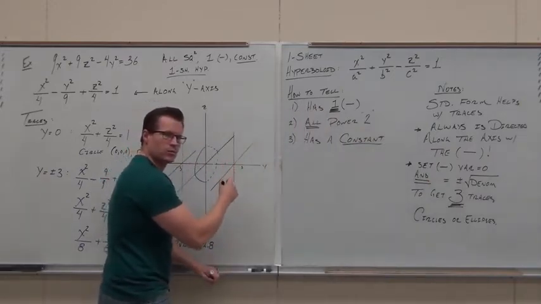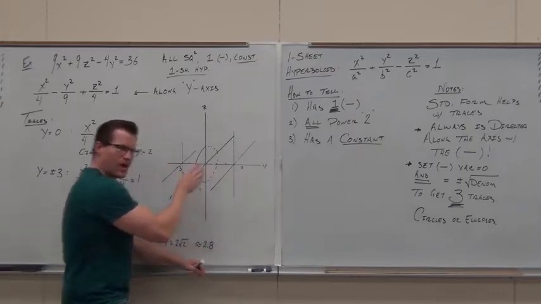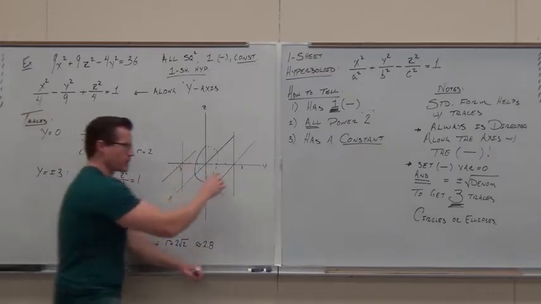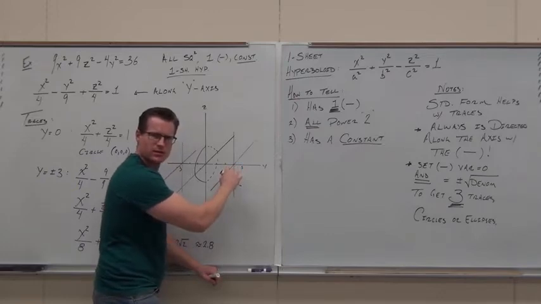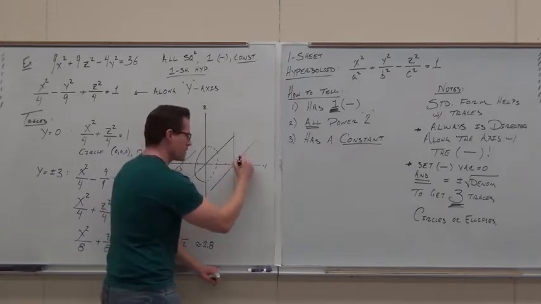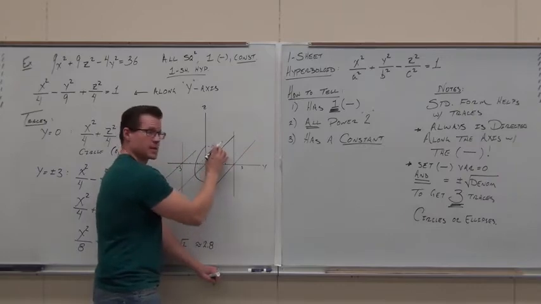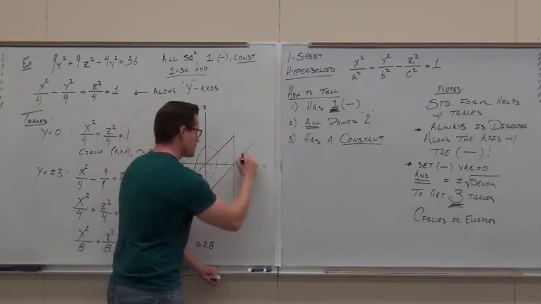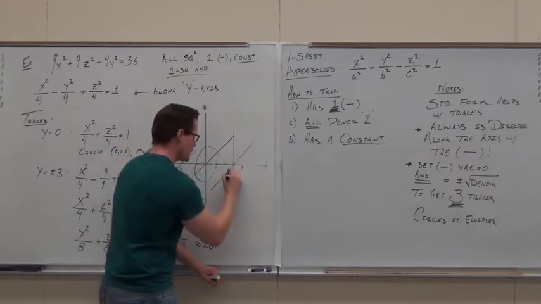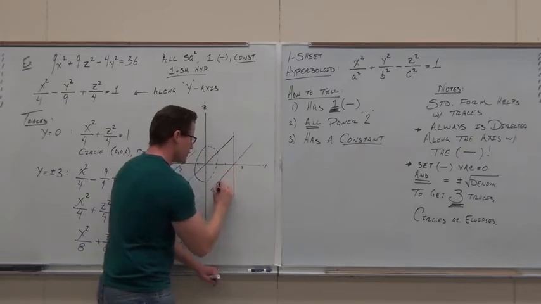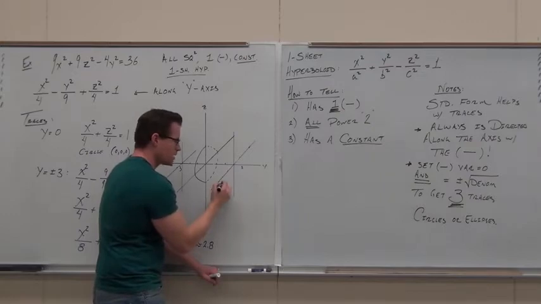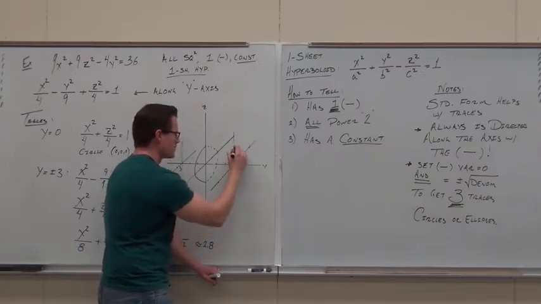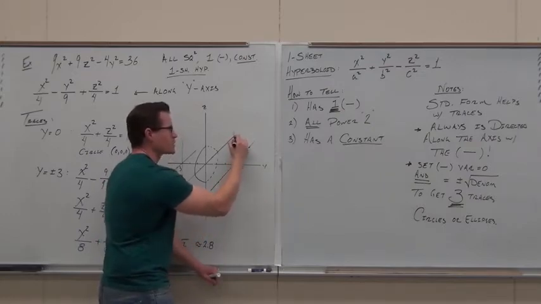So, what are we going to draw here? At y equals 3, what are we going to draw? Circle. What's the radius there? Pretty close to 3. Make the same scale though, that's important.